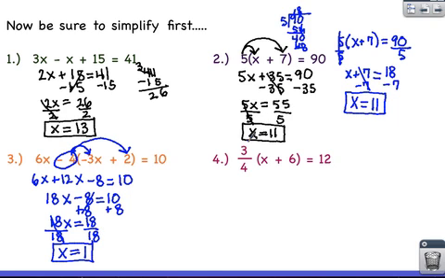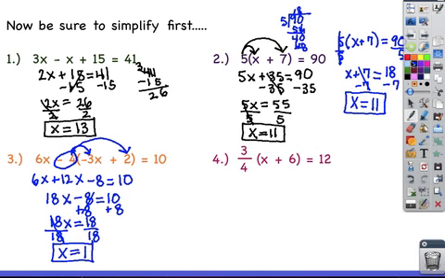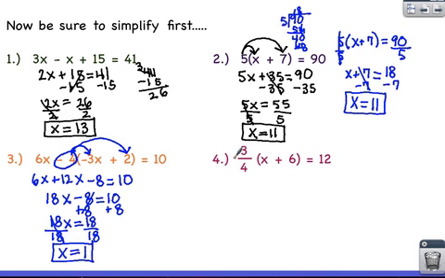Now number 4, again, we have a choice. We can distribute the 3/4 to the x plus 6, or we can divide both sides by 3/4. In other words, multiply both sides by 4/3. I'm going to multiply both sides by 4/3.